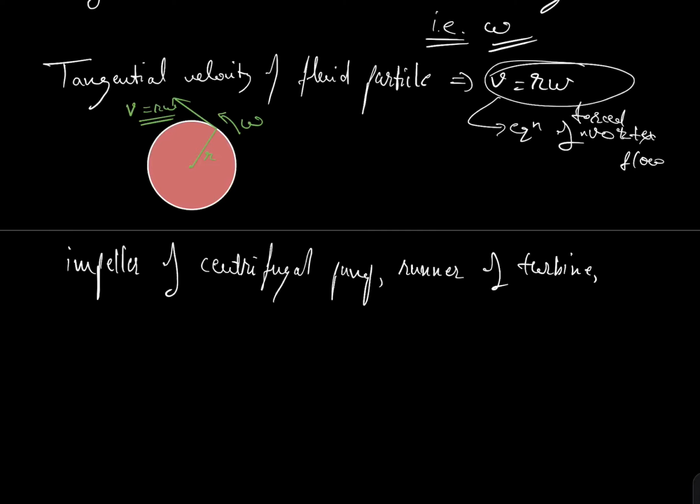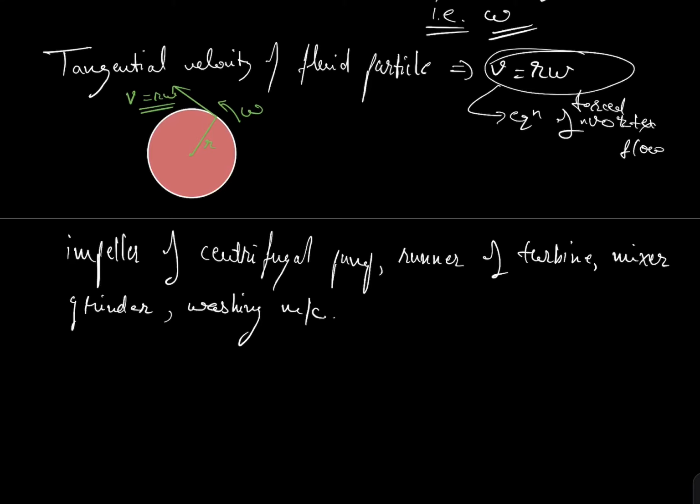Or as we see in a mixer grinder, a very common example. Mixer grinder at homes, you can see here the flow is forced vortex flow. You see the chunks move inside the mixer in a curved path. Mixer grinder, right? Or washing machine. Washing machine, right? These are all examples of forced vortex flow.